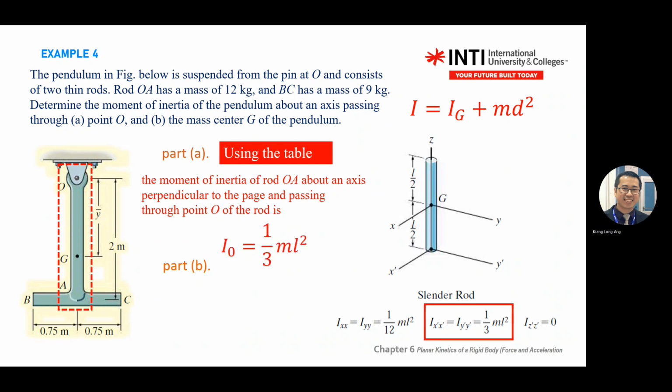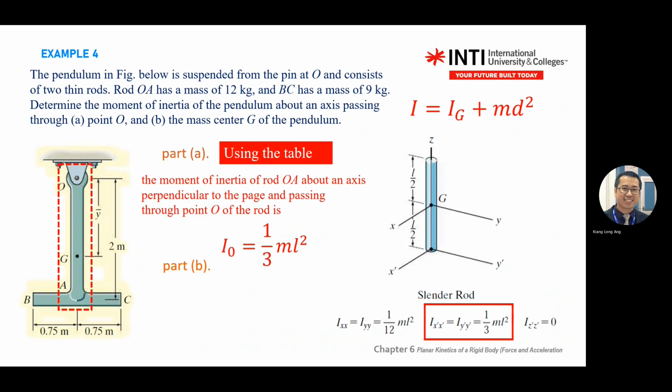So your IO, the moment of inertia of rod OA about an axis perpendicular to the rod and passing through point O of the rod. From point O, straight away from the table, it is 1/3 ml squared. What is L? The length.